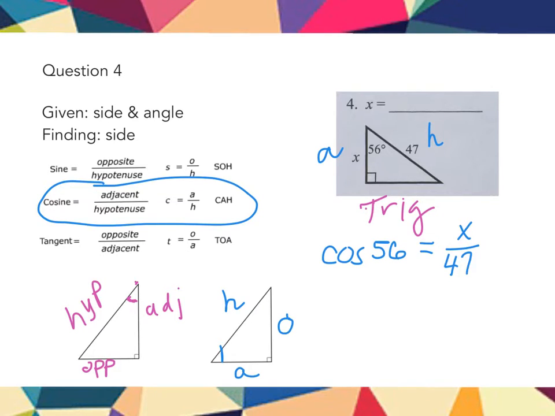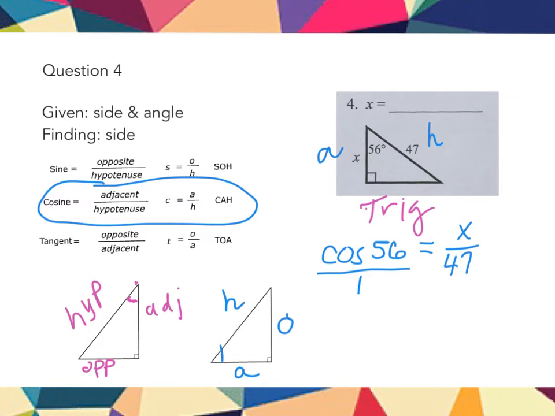In my opinion, the easiest thing to do is let's just stick a 1 under this cosine 56. And if our cross products are 1 and x somewhere, we can cross multiply. If they're not, we would want to manipulate this proportion to get those cross products. But if I look, I observe 1 times x is one of our cross products, and the other is 47 times the cosine of 56.